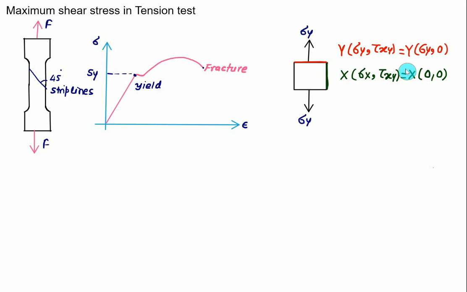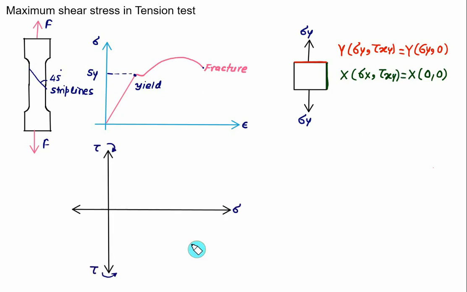We can locate the x face and y face on the normal stress and shear stress axes, and we can draw the Mohr circle. The coordinates of the x face are 0, 0, and of the y face are sigma y comma 0. The horizontal axis represents the normal stress. The vertical axis represents the shear stress, where clockwise is taken as positive and anti-clockwise is taken as negative.